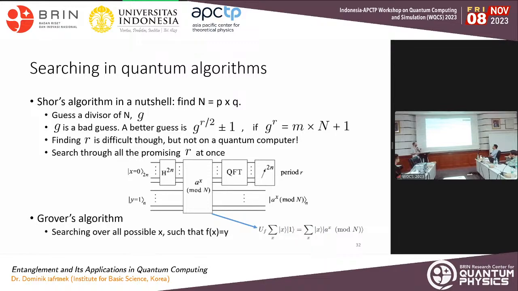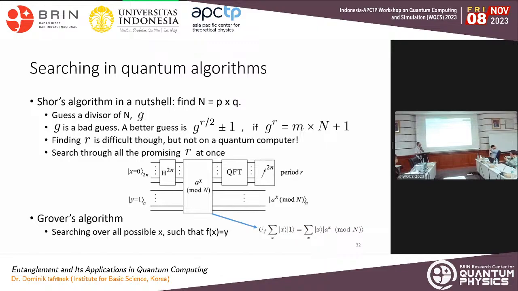So in it, you have two parts of the system, this X part and this Y part. You apply some Hadamard gate on this X part, and then you apply some entanglement gate. This X goes over integers, so 0, 1, 2, 3, 4, and so on.